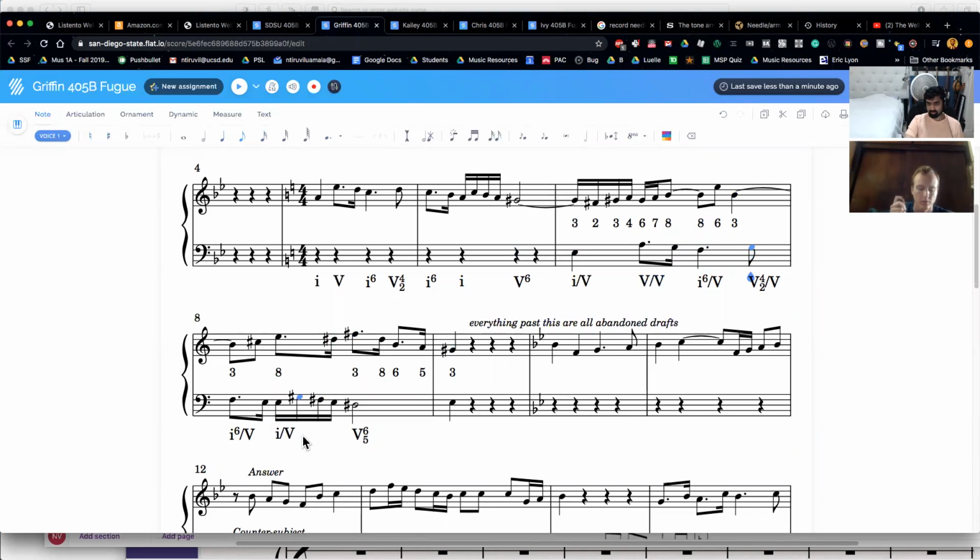Something like that, right? So that way you start with the one key area, but by the end of it, you feel really locked into the 5 key area. So even though the subject starts on A and then the answer starts on E, it's still fine to do that. Exactly.